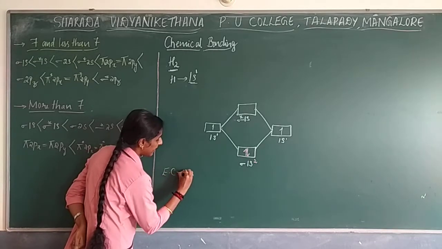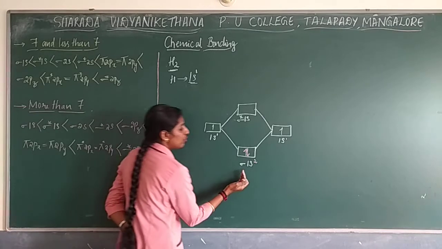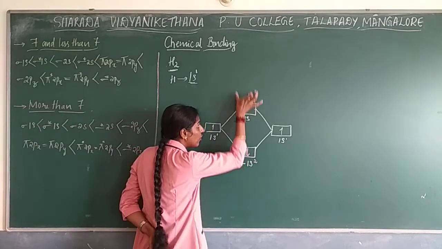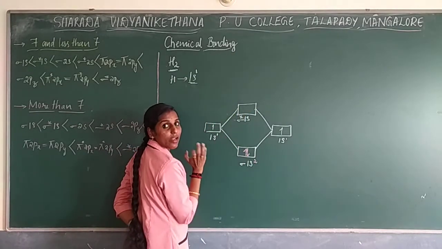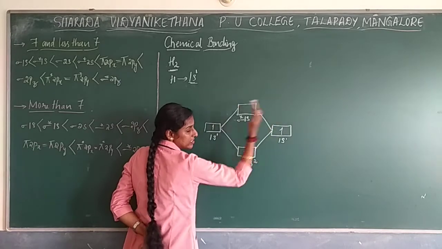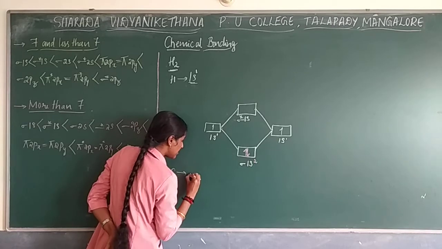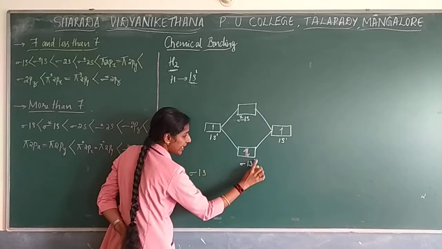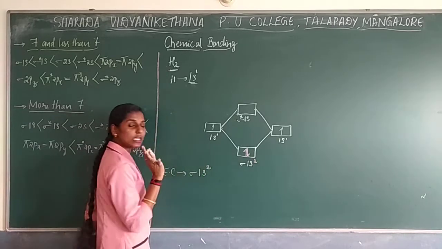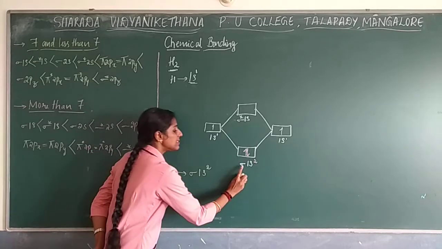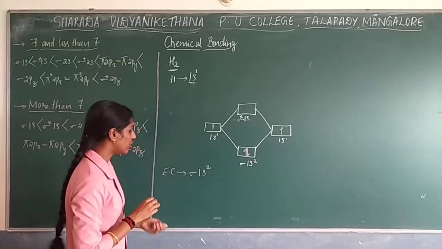Write a side heading as electronic configuration. You need to write it only for the molecular orbitals that have been formed, not for this. So you can write sigma 1s, how many electrons? 2. So this is the electronic configuration: sigma 1s2.